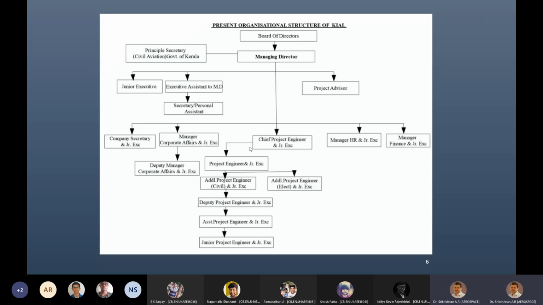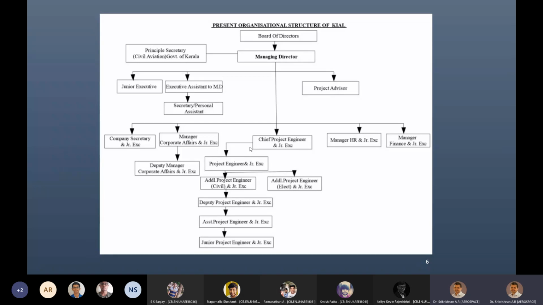This organization structure is taken from the website of KIAL, that is Kannur International Airport, an airport in Northern Kerala, which is fairly new. It was established only a few years back. It's an international airport, still on its path of development and growth. I just took it as one of the new airports.